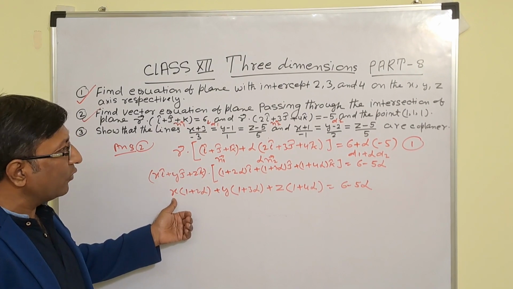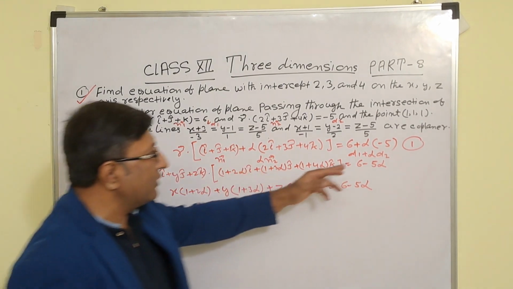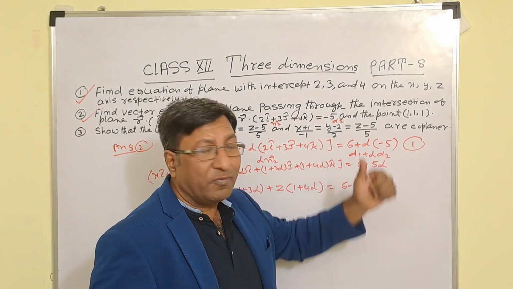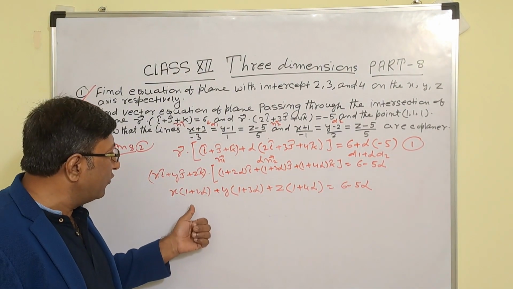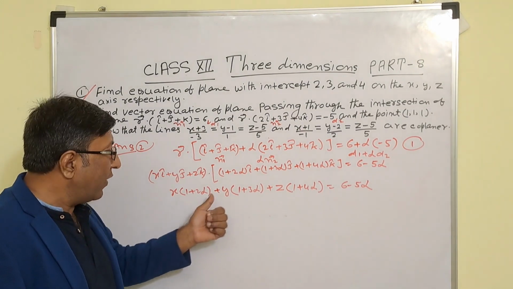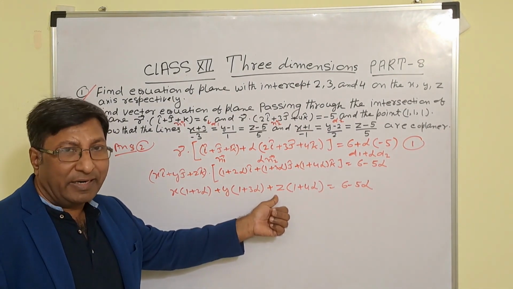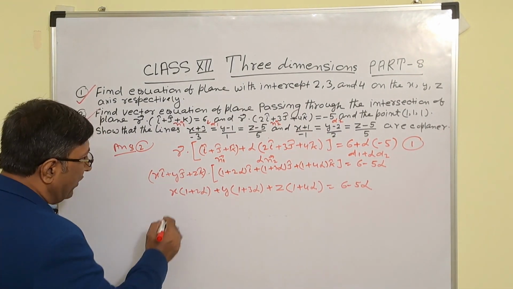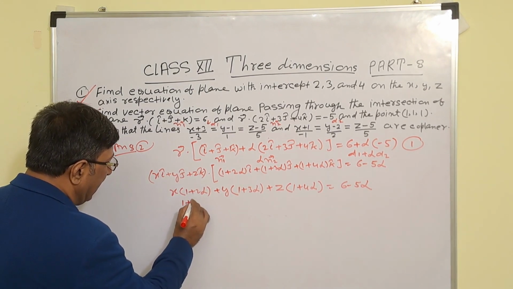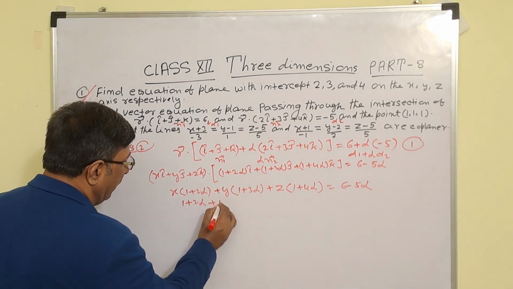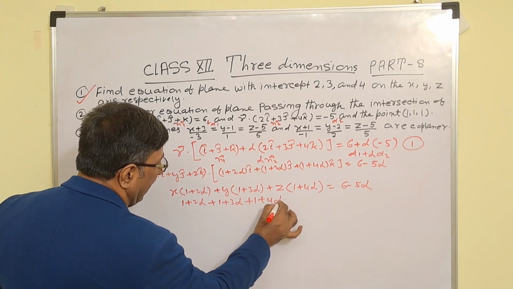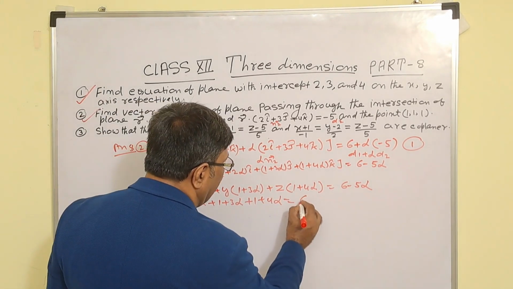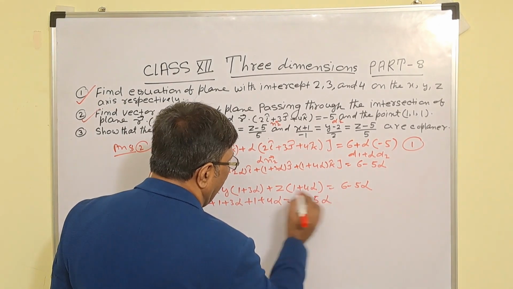Now this plane is passing through the point (1, 1, 1). This is the given point, so it will satisfy this equation. So put x equal to 1, y equal to 1 and z equal to 1. So this is 1 plus 2 lambda, 1 plus 3 lambda, and 1 plus 4 lambda, equal to 6 minus 5 lambda.